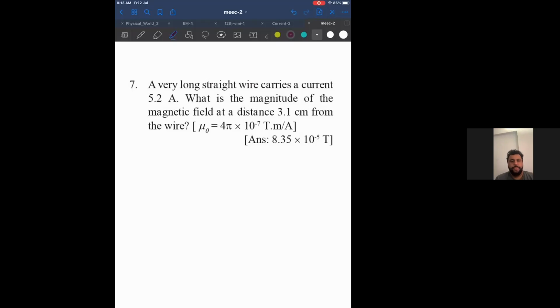Problem is very easy, but in the exam, when it comes, you should know which chapter it belongs to, which application, which formula. Now you know there's only one formula, mu naught I by 2 pi r, but in the exam there are hundreds of combinations. Every time the distance will be in meter, SI unit only. So if it is given in centimeter or millimeter, you will have to convert it into meter.